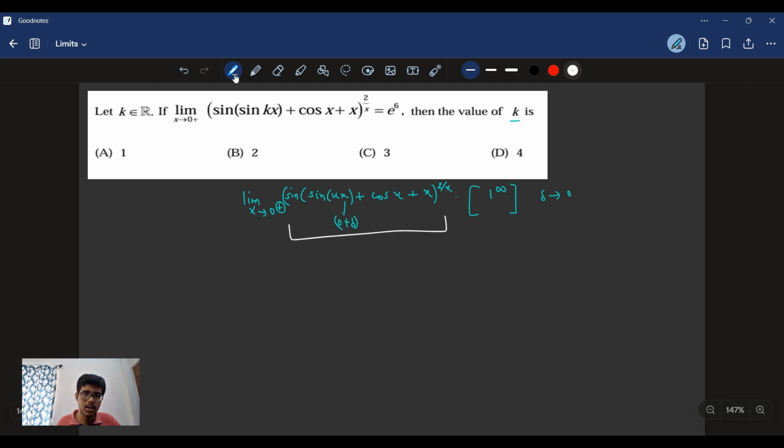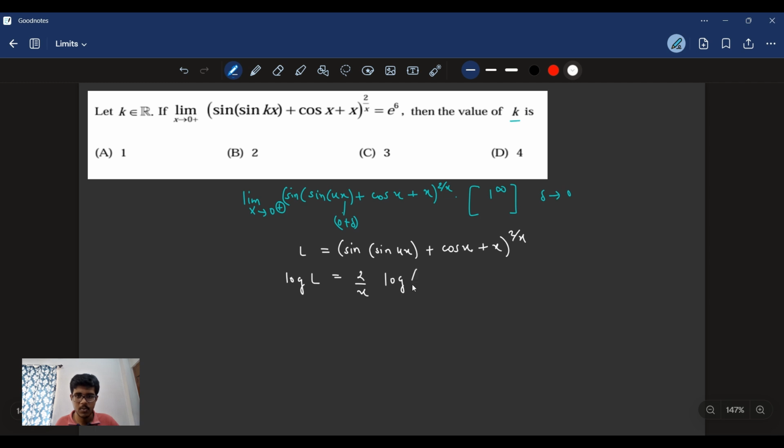So if I take this particular function as L, L equals (sin(sin kx) + cos x + x) whole to the power of 2 by x, and if I apply log on both sides, log of L is equal to 2 by x into log of (sin(sin kx) + cos x + x).